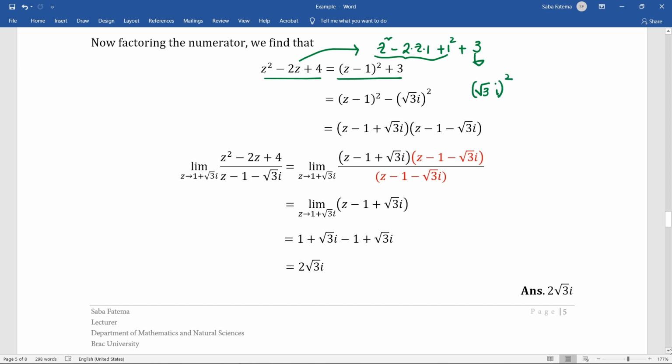We rearranged this in such a way so that we can apply the formula a square minus b square. Say this is a and this is b. So we find this form.